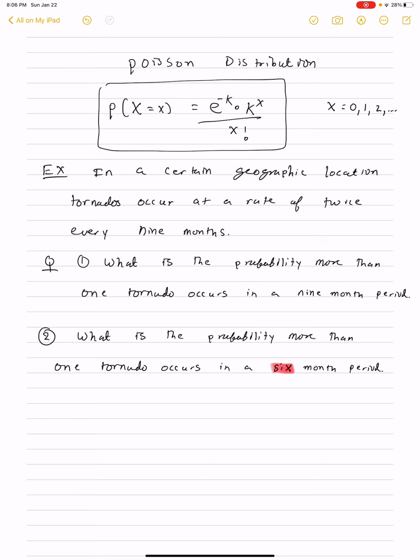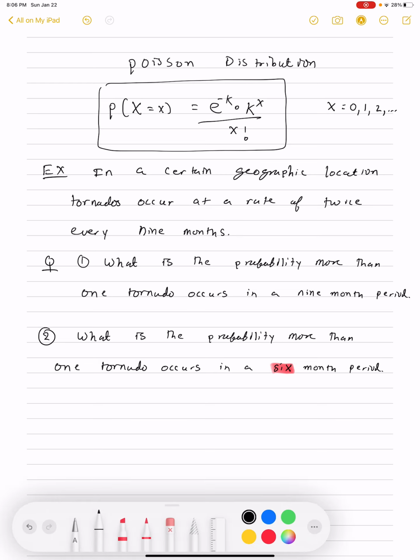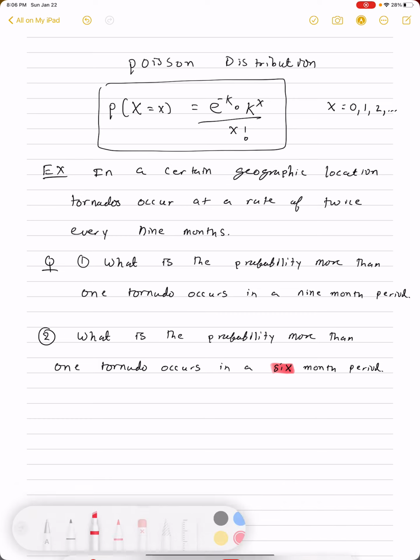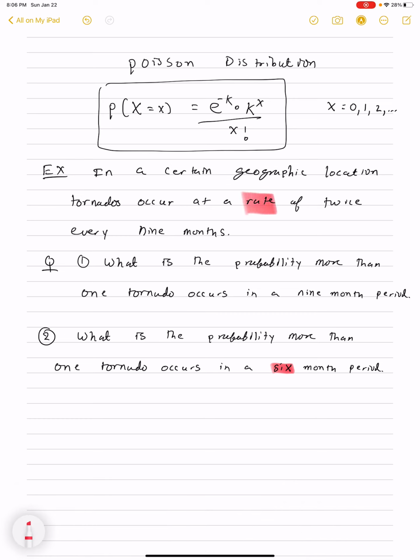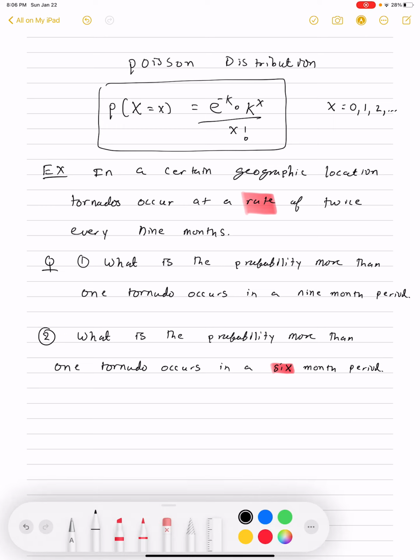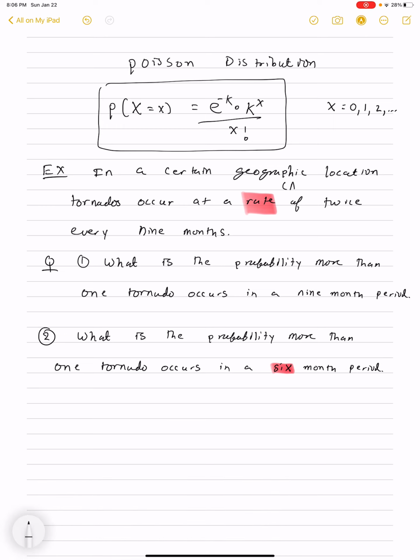So a common situation in the Poisson distribution is that you're given a rate or an average. And this is important because you need to be able to identify which distribution to use. One of the key words is that you're required to know a rate, or also average or expected value.